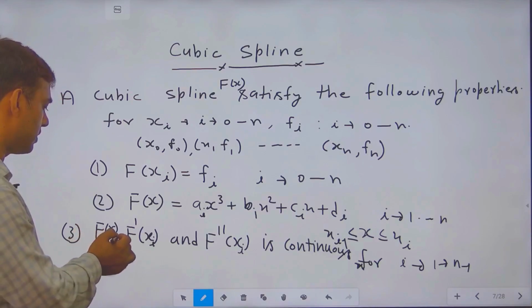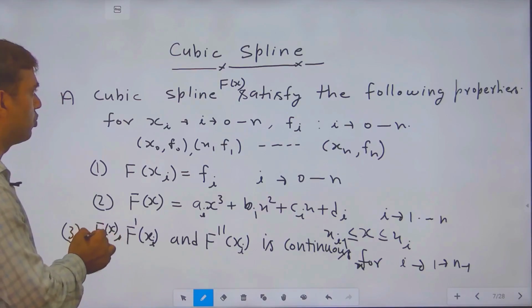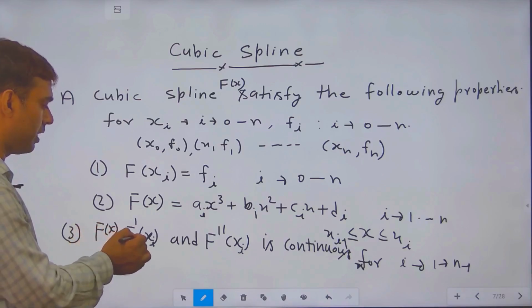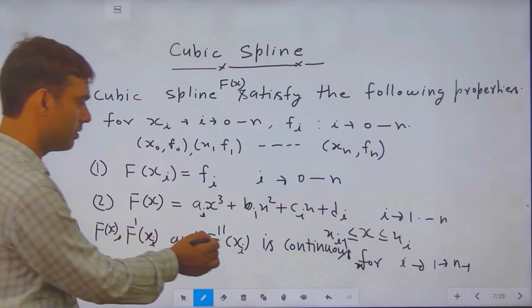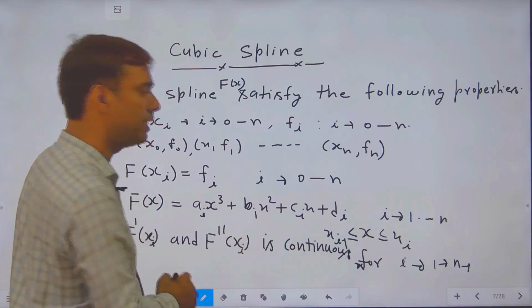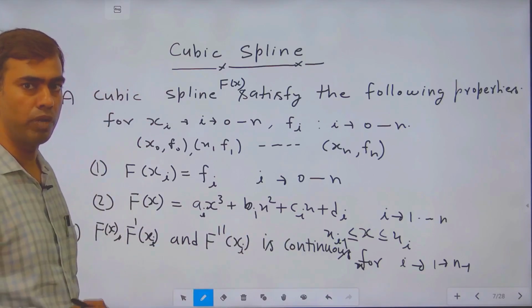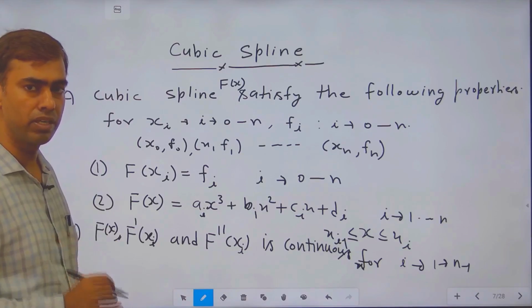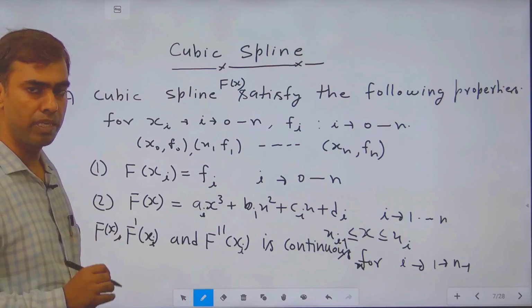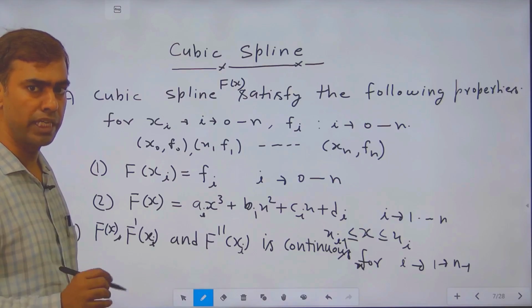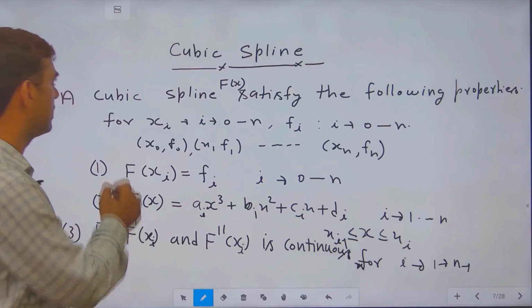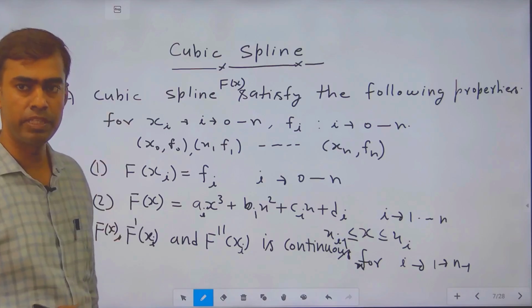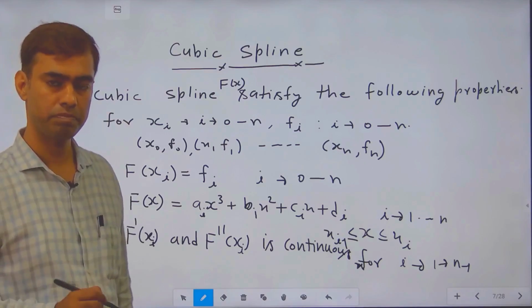And third, the cubic spline function, its first derivative and its second derivative are continuous for i equals 1 to n minus 1, that is, at the internal nodes. This is the definition of a cubic spline function.